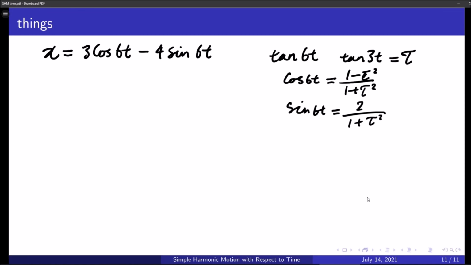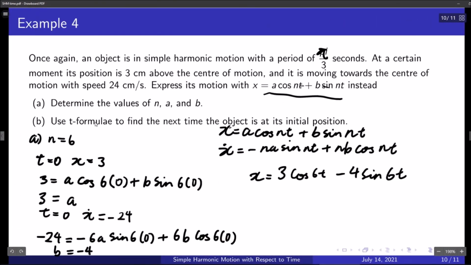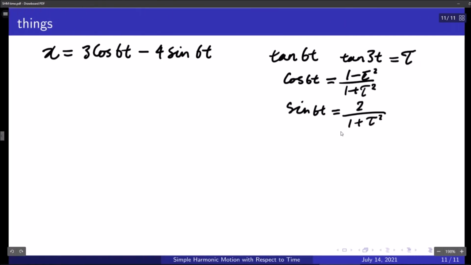Now, we just have to substitute everything back into the equation in order to find out where it's at its initial position again. So where x equals 3 again.